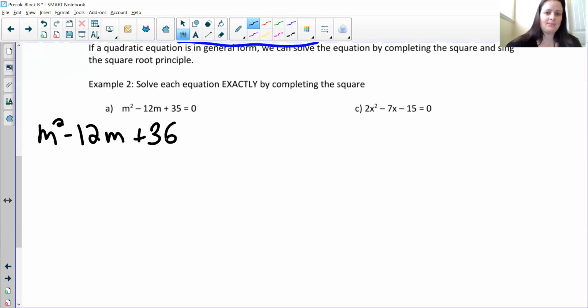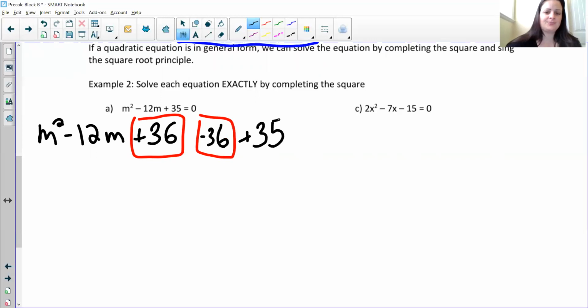You then, because we're manipulating this, you can't just willy-nilly add 36, you have to subtract 36 as well. So that doesn't change the value. And not forget that you had the positive 35 there. Okay. So now this stuff in here is a trinomial square.